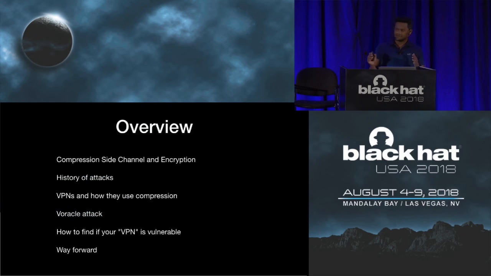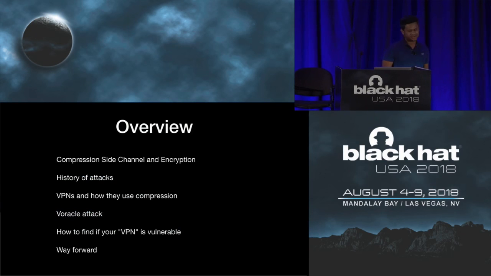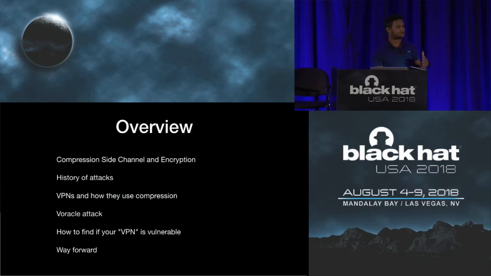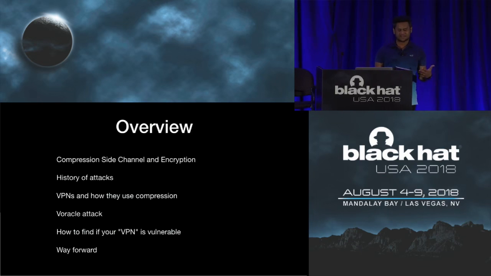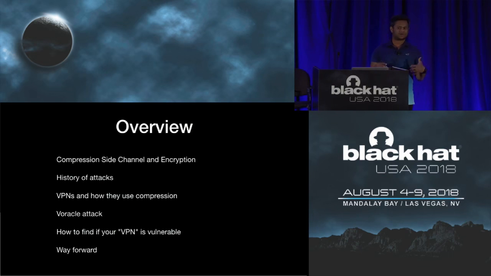Let's see what topics we are going to cover today. A little bit about compression side channels and encryption. I want to cover a broader audience, so if you're someone who's very new to compression oracle side channel attacks, I'd like to go through what they are, how they are relevant, and the history of attacks around compression oracles so far.